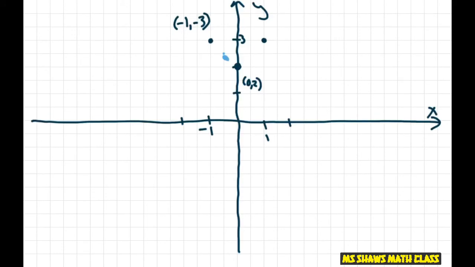Remember when you're sketching a graph, you're not supposed to really have a grid. Sketching a graph just means estimating it and stuff like that. So basically, this point here was 1, 3. This was 0, 2.